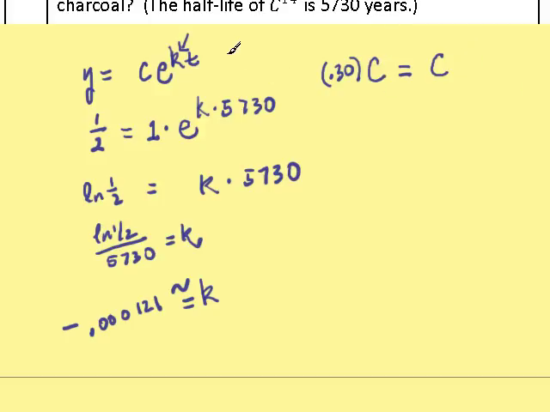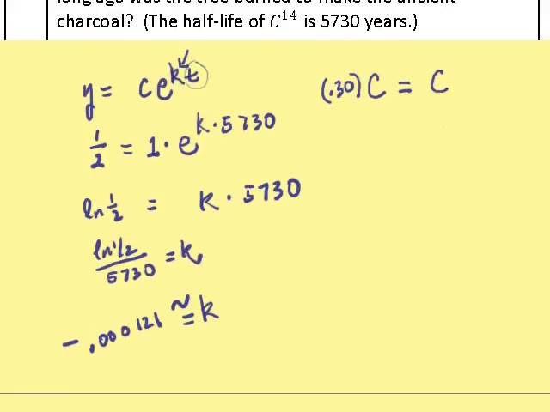And we want to figure out what t is. How long is it since the tree burned, or how old is that carbon? So this is the amount of carbon-14 today, and this was the initial amount, and we want to figure out what t is.